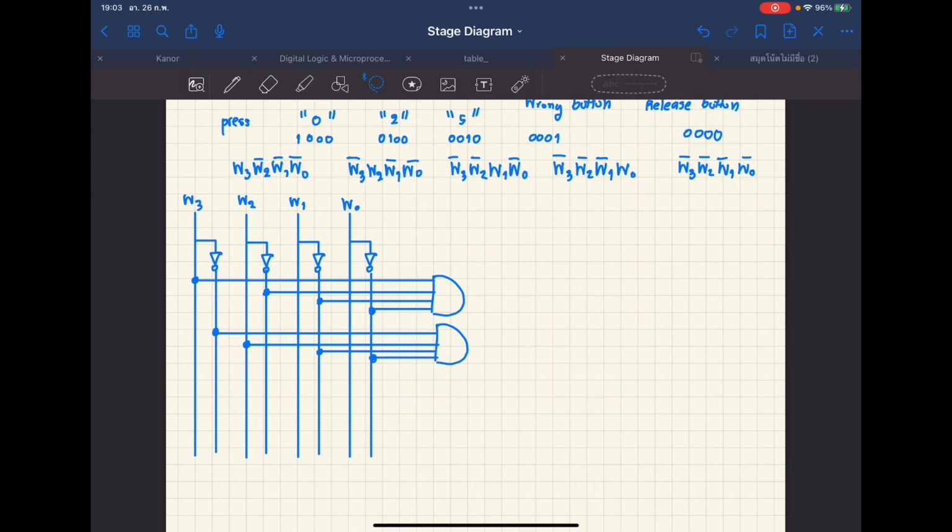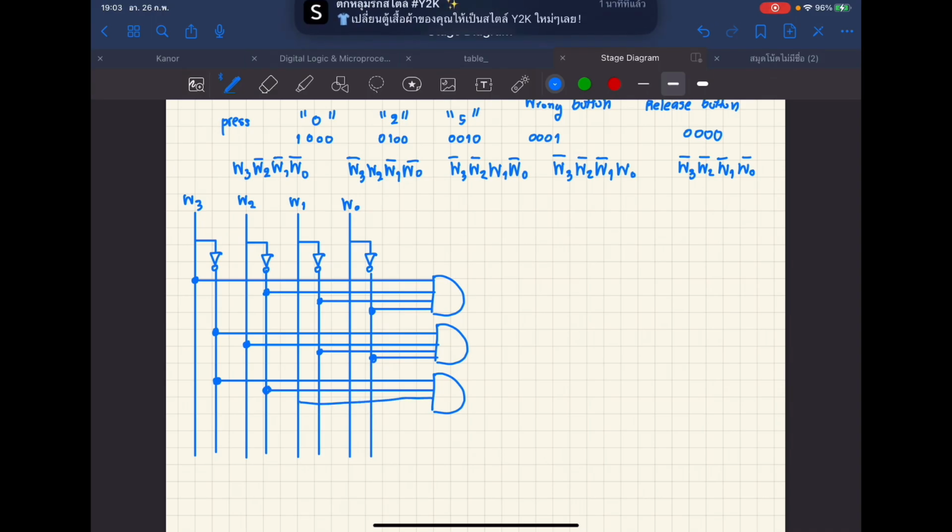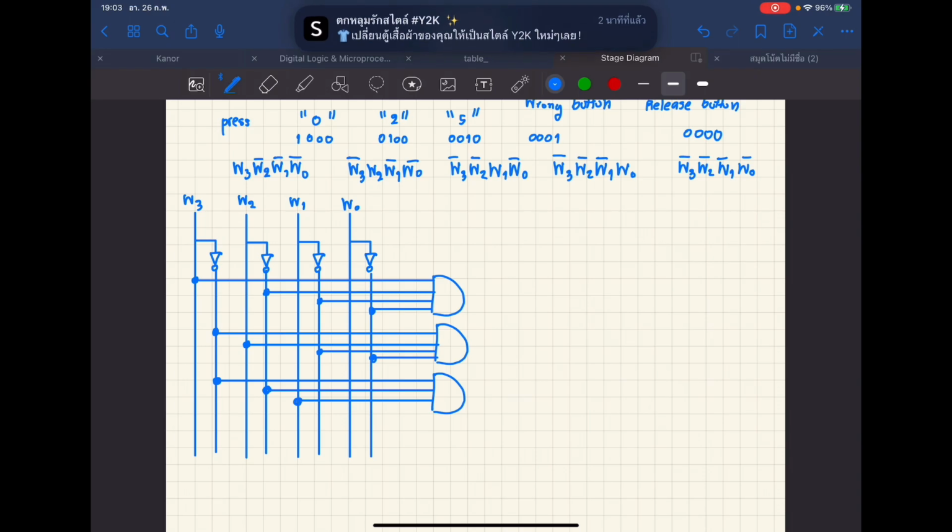And the third one is not W3, not W2, W1, and not W0.